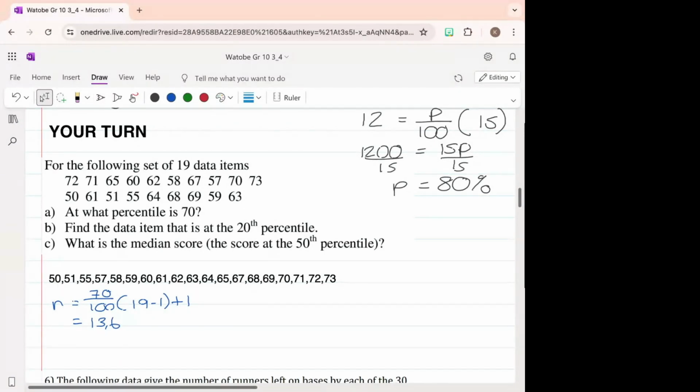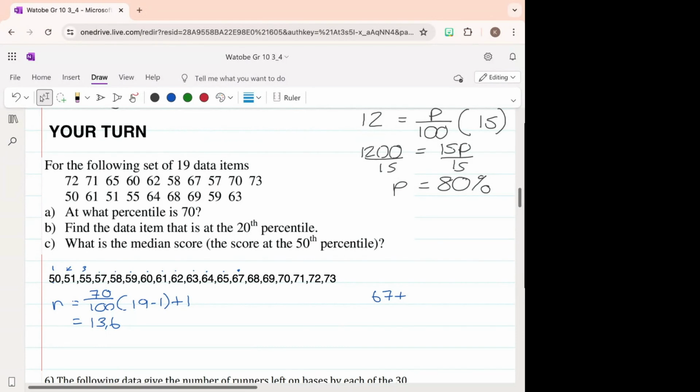So this is one that's not nice. I need 1, 2, 3, up to 13, so I'm going to have 67 plus. Now remember, this is the one that was a little bit tricky before where you were struggling.